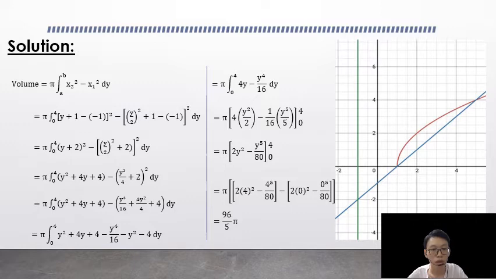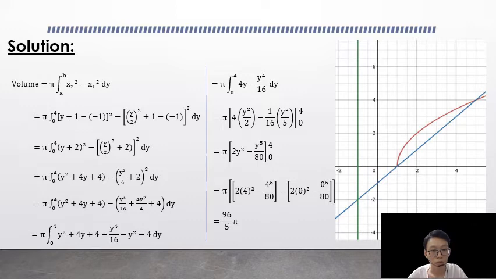So we will get pi times the integral from 0 to 4 of (y plus 1 minus -1) squared minus ((y over 2) squared plus 1 minus -1) squared dy. We simplify and get pi times the integral from 0 to 4 of (y plus 2) squared minus ((y over 2) squared plus 2) squared dy.